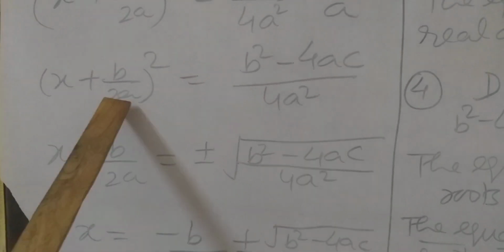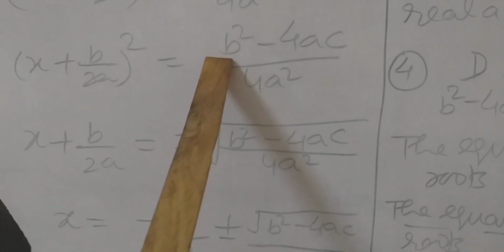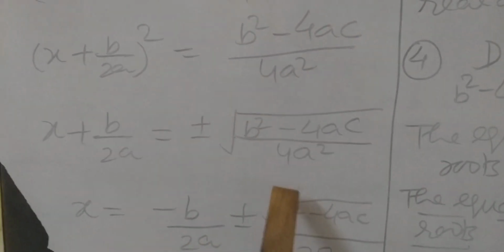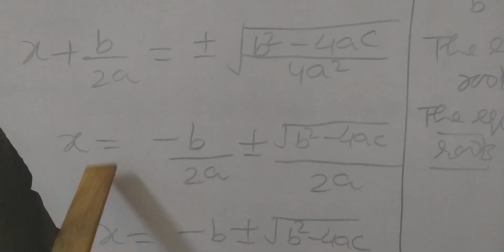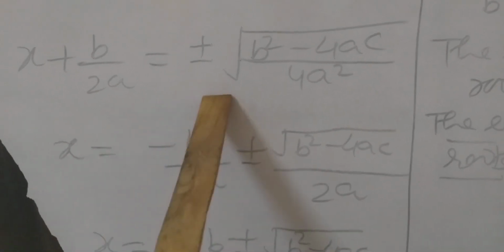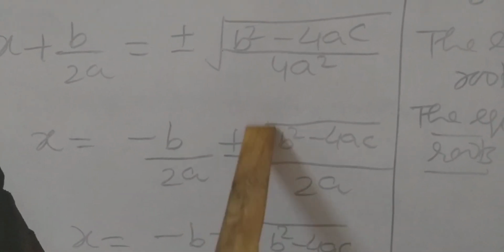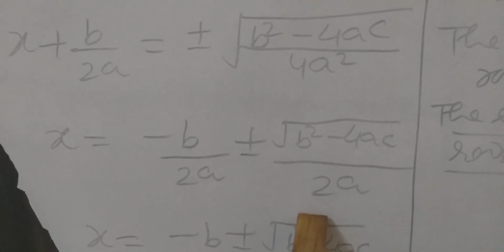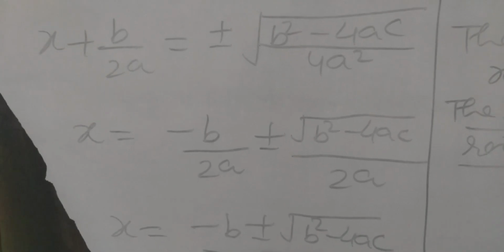So x plus b upon 2a equals plus minus root b square minus 4ac upon 4a square. So students, x equals minus b upon 2a will transfer this side, becoming negative, plus minus root b square minus 4ac upon 2a. Root of 4a square is 2a.